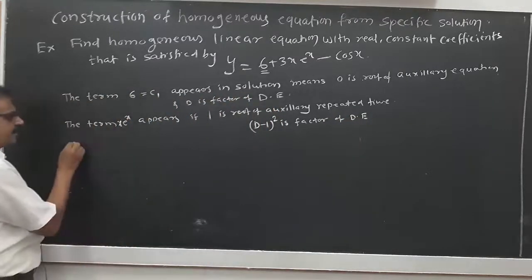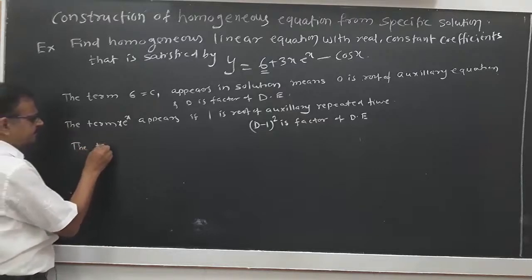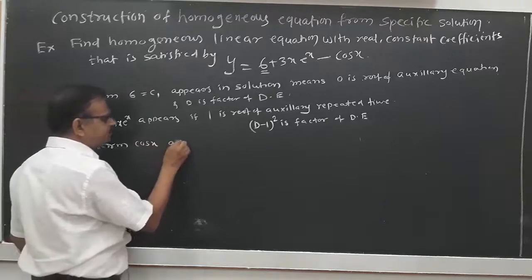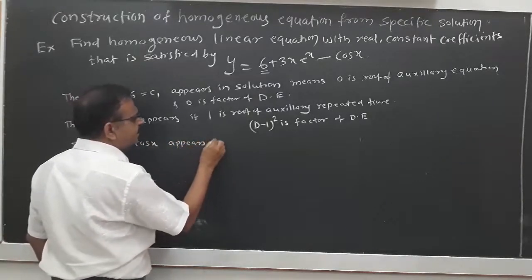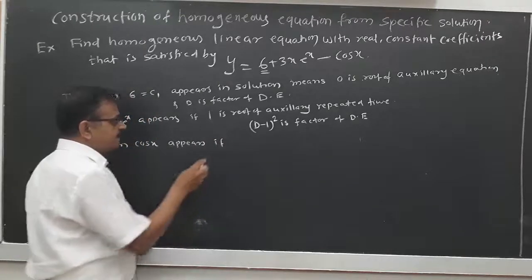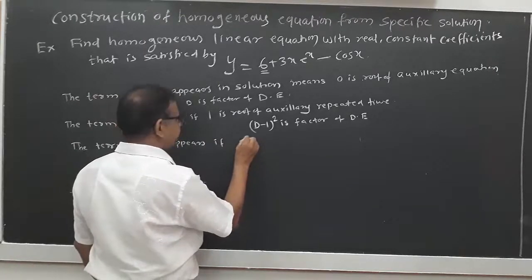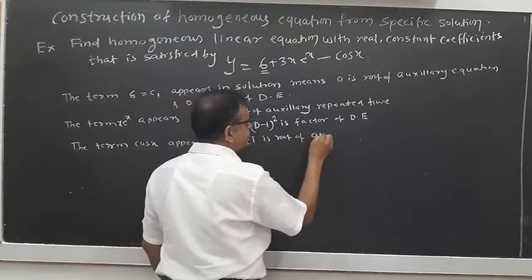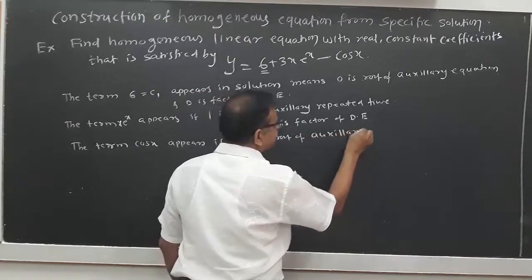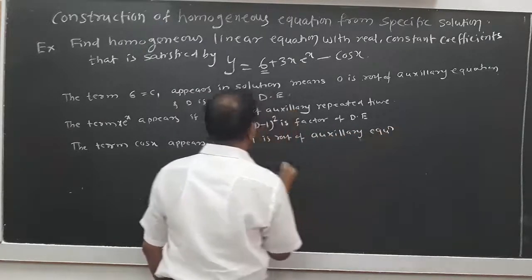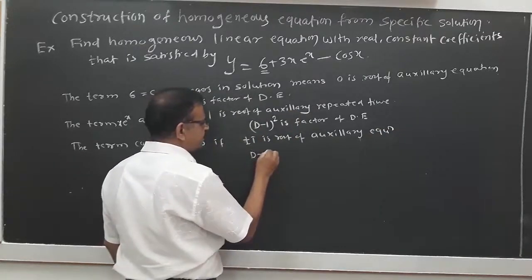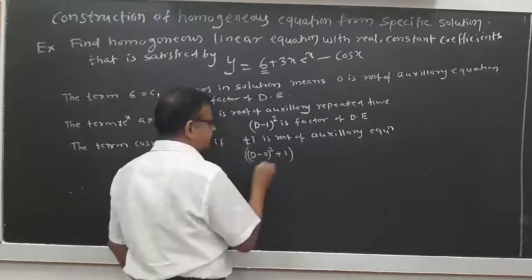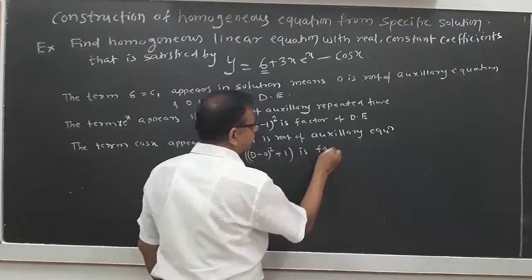Similarly, the term cos x appears in the solution if plus or minus i is a root of the auxiliary equation, and (D minus 0) squared plus 1 is a factor of the differential equation.